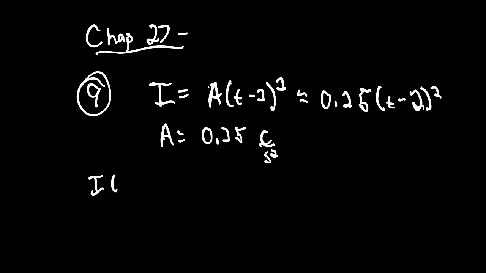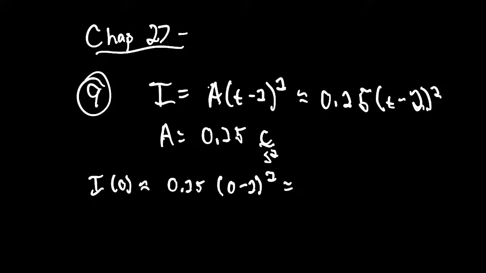I at 0 equals 0.25 times (0 minus 2), all of that squared. What's 0 minus 2 squared? 4.